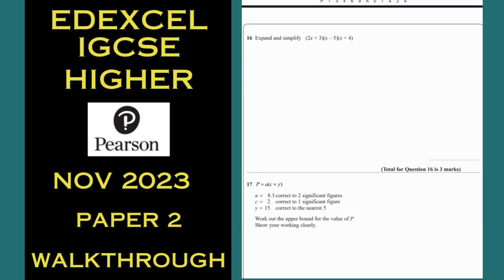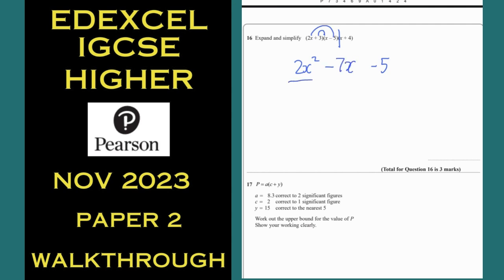Again, I'm on about bog standard questions. These crop up all the time as well. Pick any 2 brackets, get them multiplied and simplified. So 2x times x, 3 times negative 5, and for the x terms, 3x take away 10x.